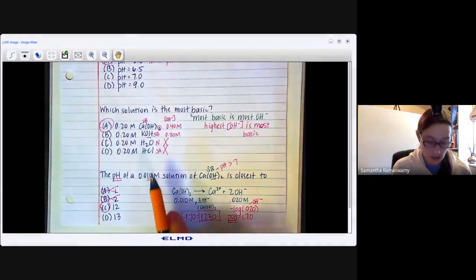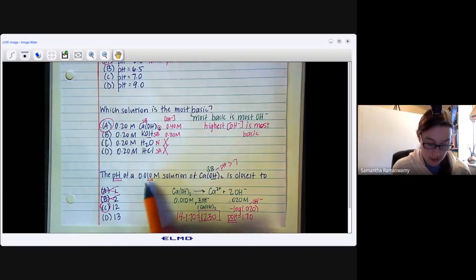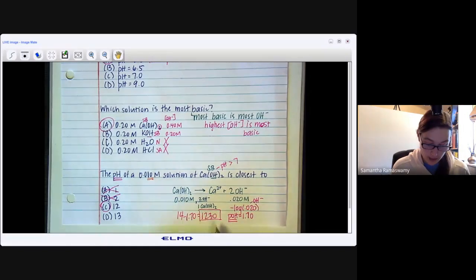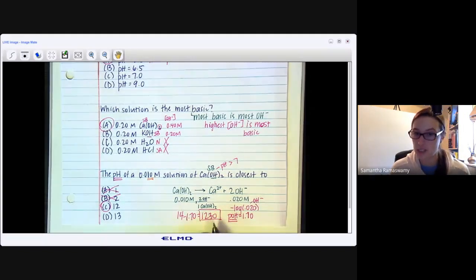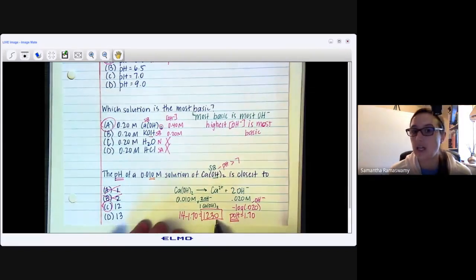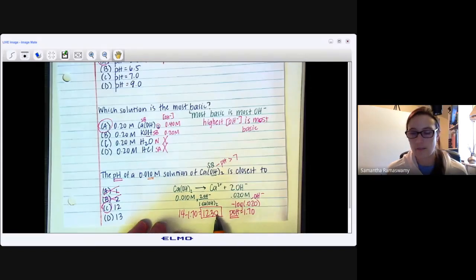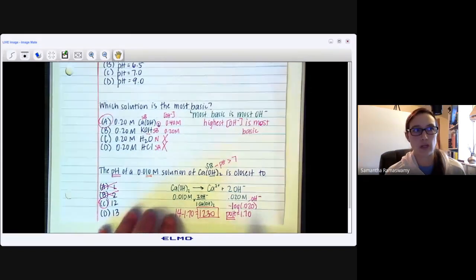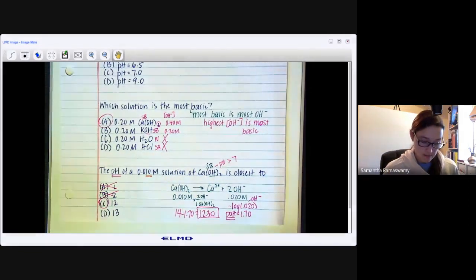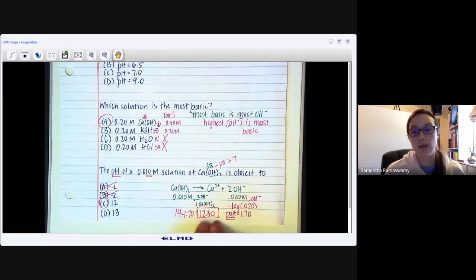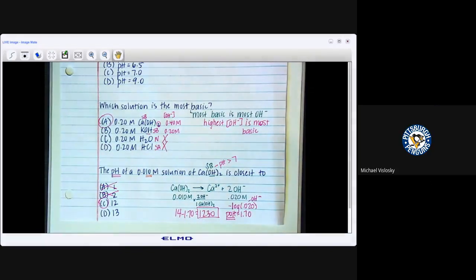The leading zeros are never significant, so that would still be 2 sig figs. So your answer would actually be 12.30. Since this was multiple choice, it was just whichever one was closer. But if this were free response and you did 3 decimal places, they wouldn't take off for it. So that's not something to super worry about. But yes, you would be able to do 12.30. Okay, thanks. You're welcome.